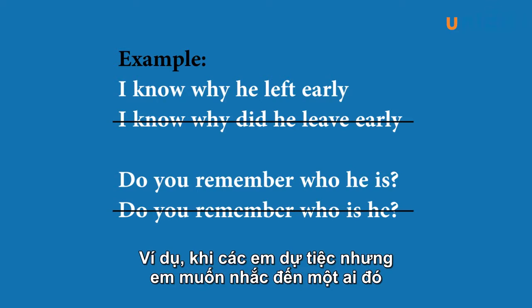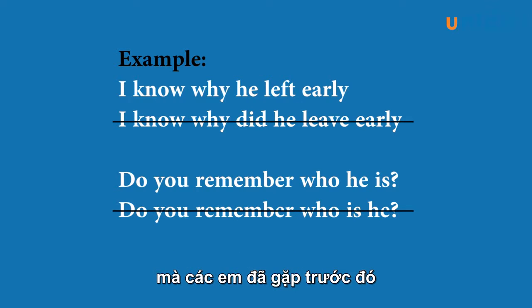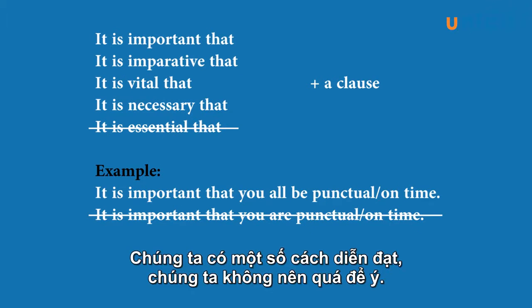For example, when you are at a party and you just want to remind somebody of somebody else that a person has met before, you can ask by saying, do you remember who he is? Not who is he.